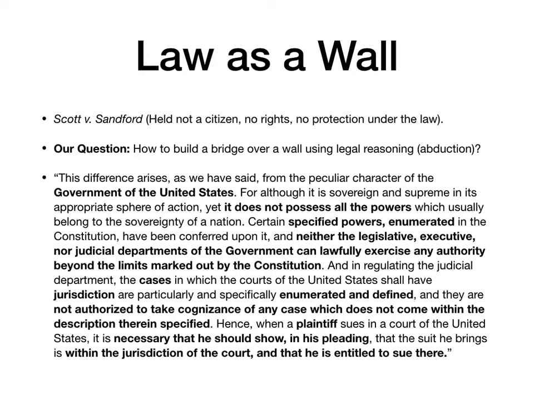And so these powers were explicitly granted to the government, whereas there were certain things they could not do. And one of the things they could not do was make someone who had, at the time, been called or determined to be a slave a citizen. That's not something they could do. And one of the things that a citizen can do is they can sue in court as a plaintiff.